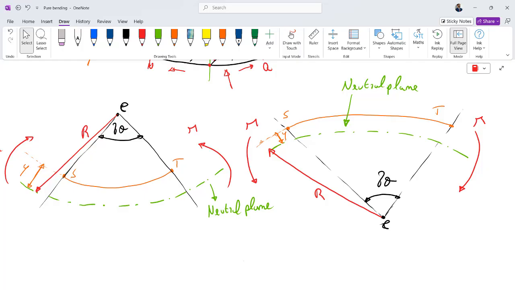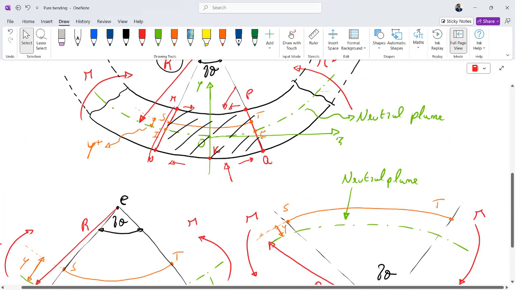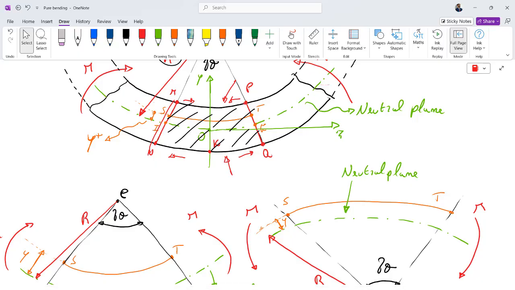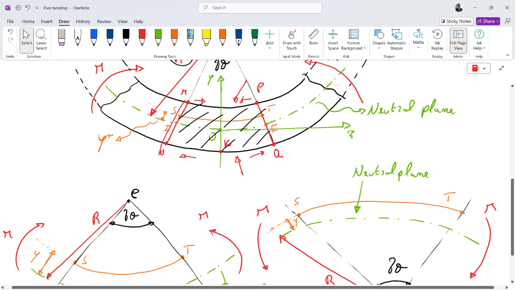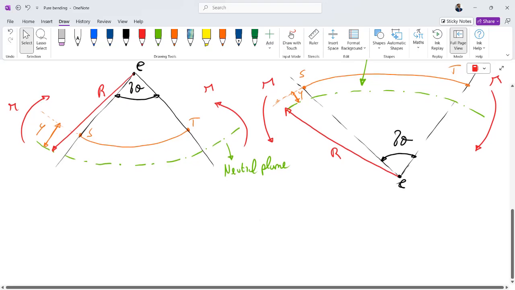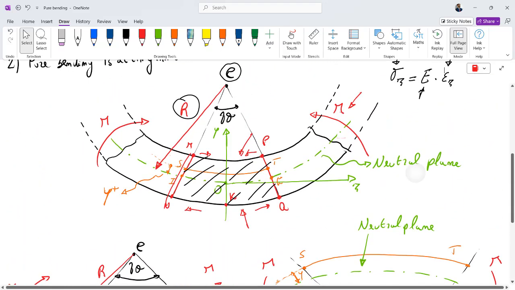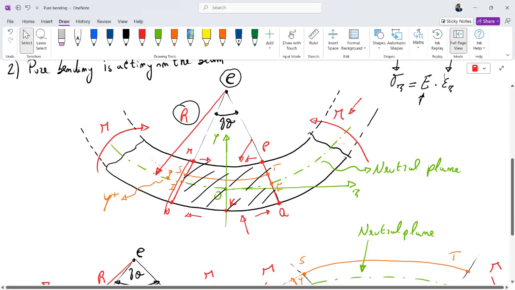Due to the bending, we have a change in length of our reference fiber, that is ST, but the same applies to the fiber MP and fiber NKQ. The first case we consider is the bending moment acting as in figure 1.